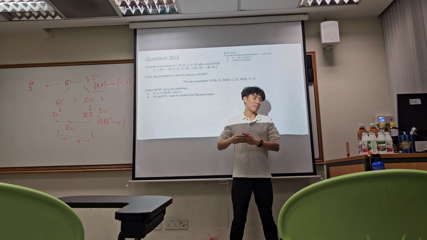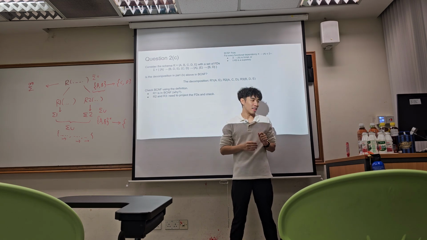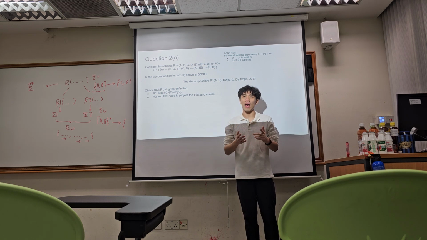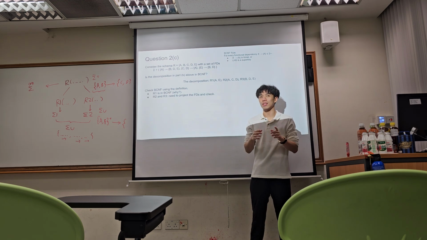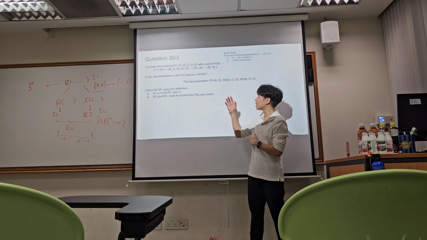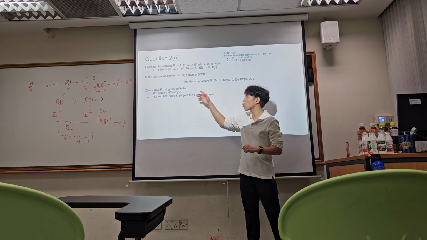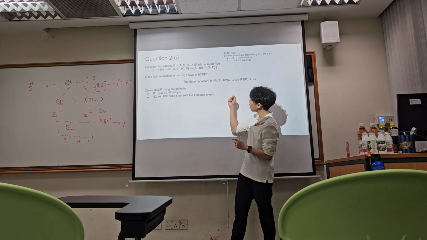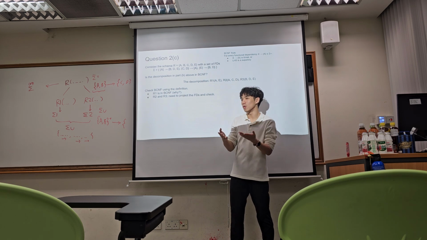If you still remember from the last tutorial, I mentioned a very simple but advanced trick: any table with two attributes is automatically in BCNF, so you don't need to check it. In this case, R1 has two attributes, so it's automatically in BCNF. What we need to check now is R2 and R3 because they are not two attributes.